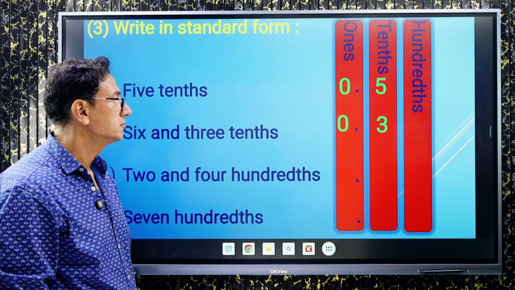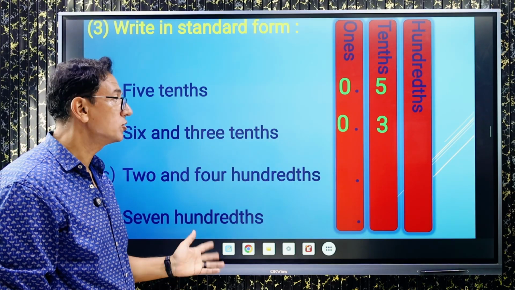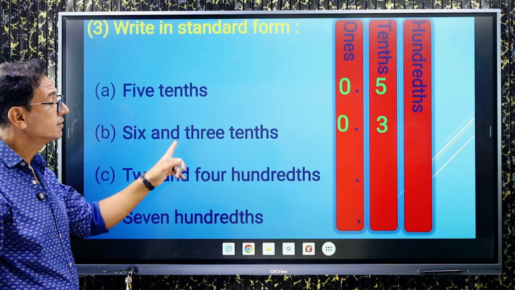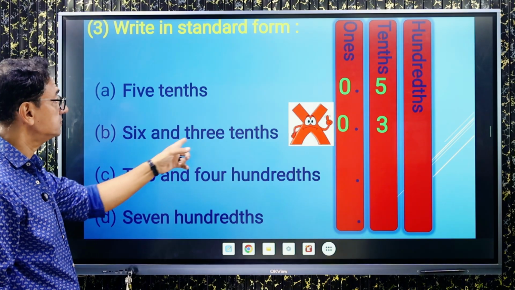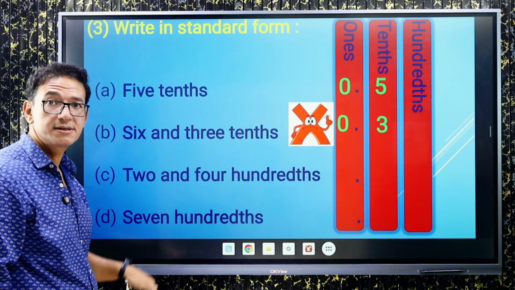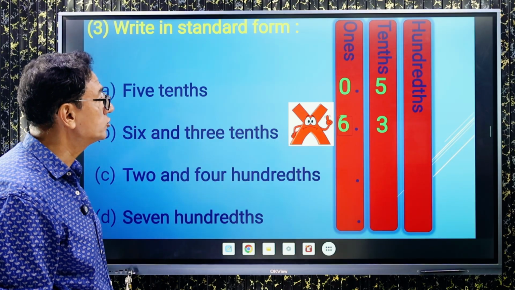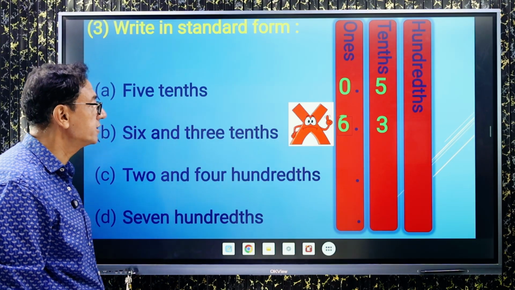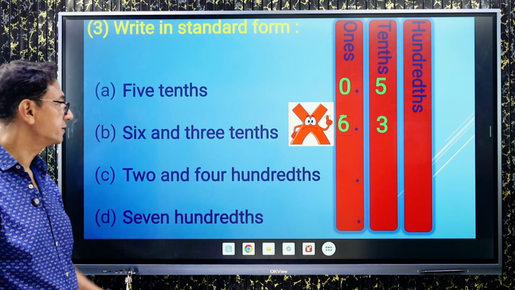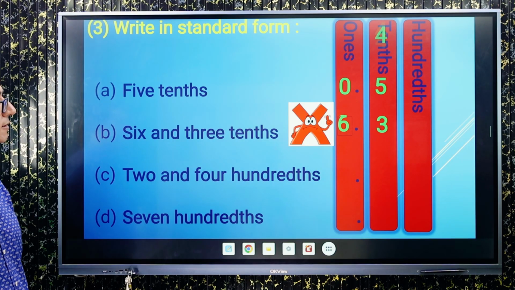6 and 3 tenths. We will write 3 in the tenths place. And what is this 0? This is wrong, because we have 6 and 3 tenths. So instead of 0, we have to write 6. So cross the 0 and write 6. 2 and 4 hundredths. Is this right?